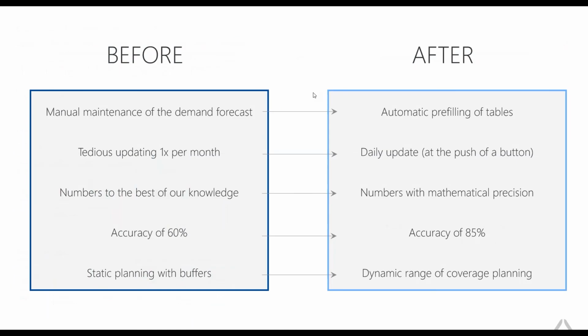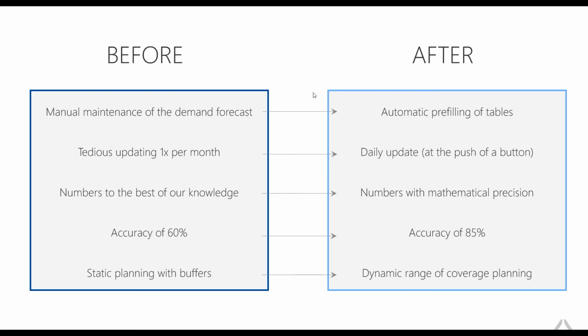If you just consider this forecasting mechanism, of course, this can be transferred to every intelligent ERP service. In the past, you had a manual maintenance of the demand forecast. You have to plug in your numbers by hand, maybe 1 time per month. For this, you have to ask your sales people, what is your plan for your sales cycle next month, and so on.